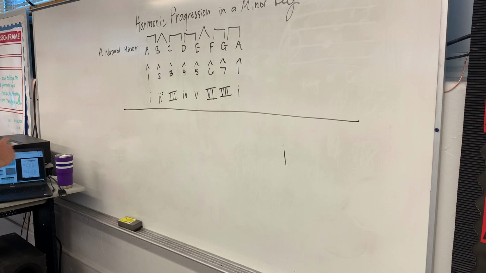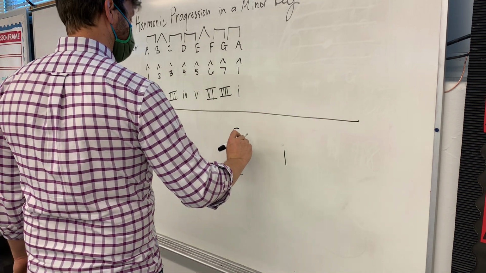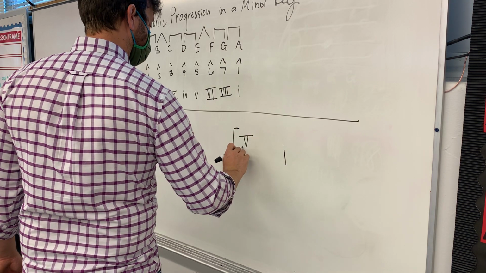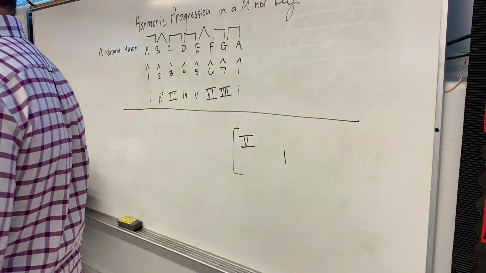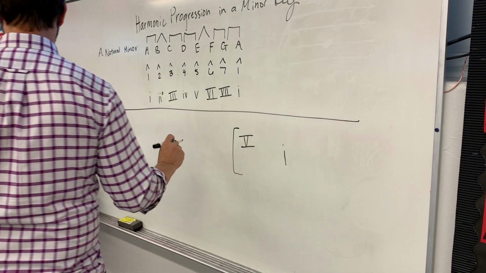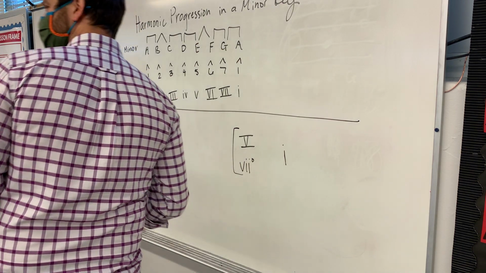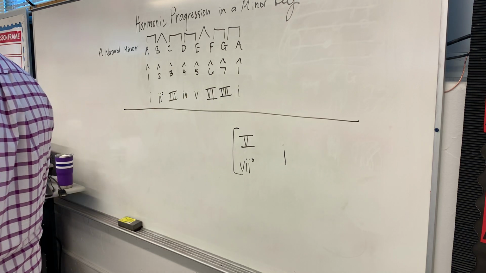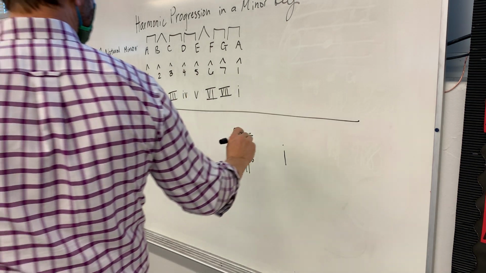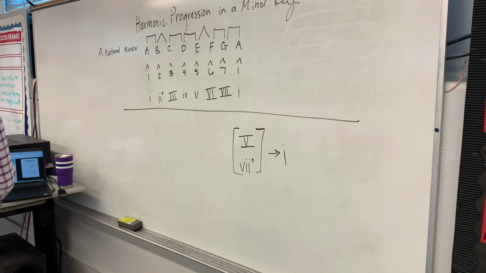Then we have a bracket with a major 5 chord. Wait, but I thought 5 was minor. Well, we'll get to that in just a second. And then a 7 diminished chord. Wait, I thought 7 was major. We'll get to that in a second as well. Those 2 chords in this minor flow go to that 1 chord.